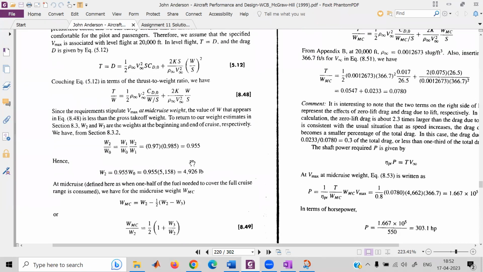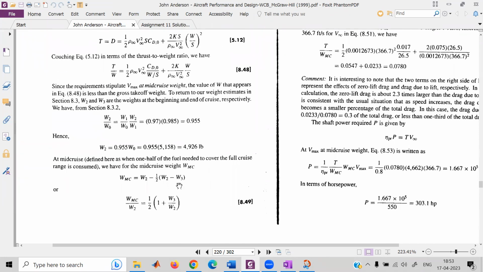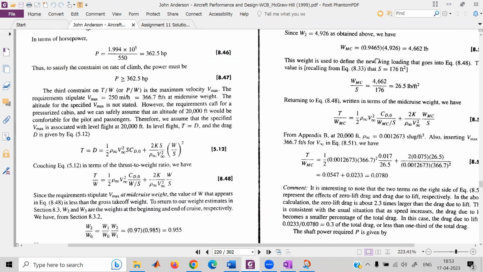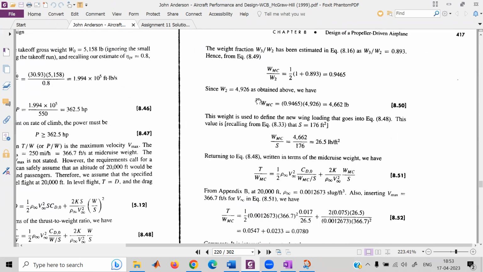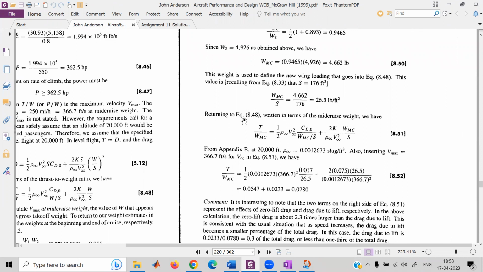And how do we do that? The procedure is already given in the weight estimation section. We take the weight fractions for individual sections, takeoff, climb, and so on. We do that procedure and find mid cruise weight WMC, and we compute thrust to weight ratio using WMC.